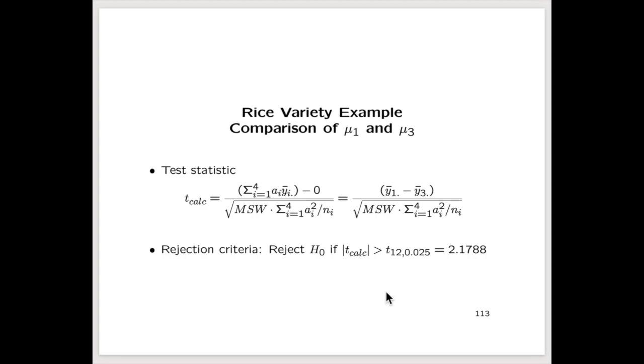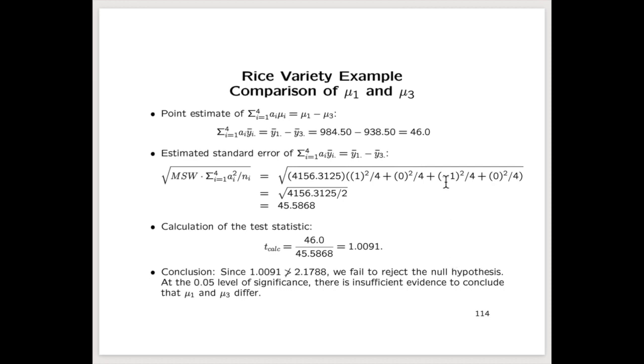We use those coefficients to construct the test statistic. Tcalc is going to be that same linear combination, but of the sample means, and that turns out to be y bar 1 dot minus y bar 3 dot. We would also use those coefficients to get the denominator of the test statistic. The critical point is again 2.1788, so we reject the null hypothesis if the absolute value of tcalc exceeds 2.1788.